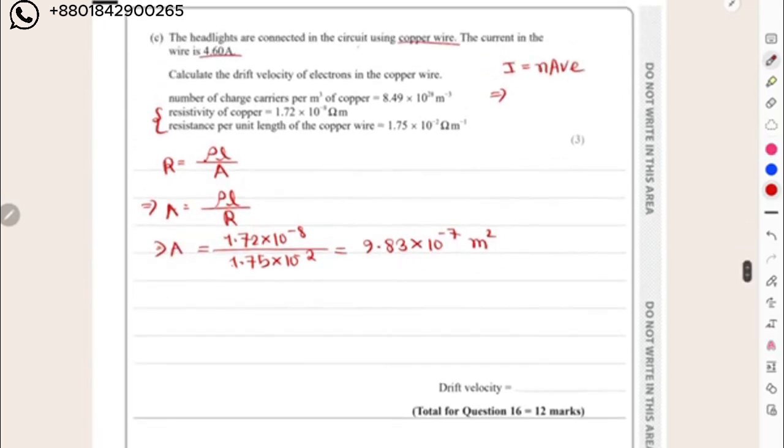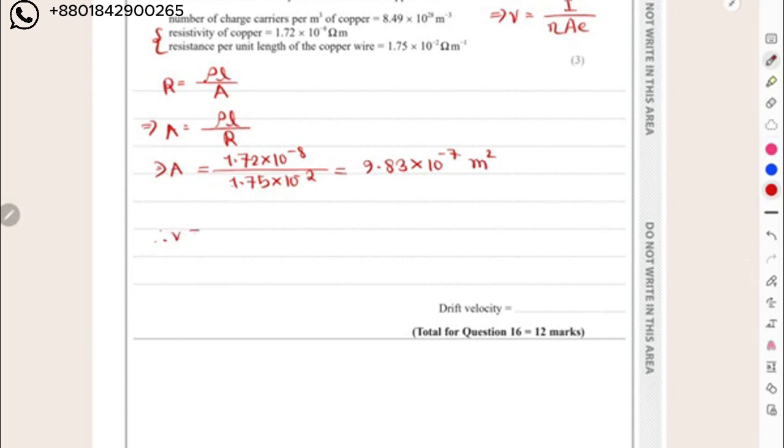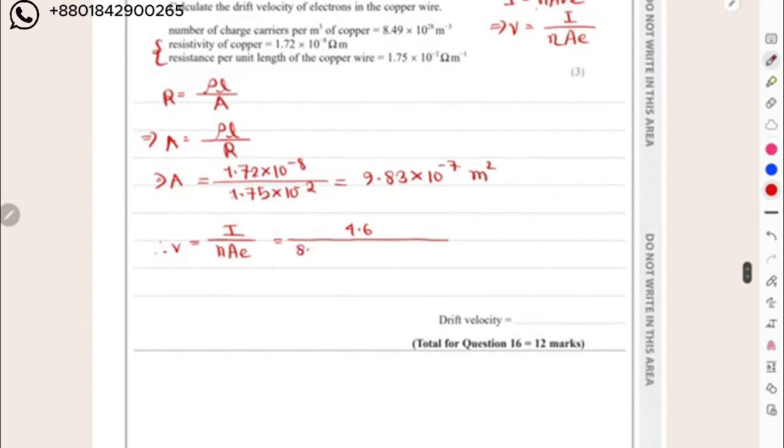So now you have the value for area and everything that you need, so you can calculate your drift velocity. If you rearrange the equation and make v the subject, v equals I over nAe, which is 4.6 over the number of charge carriers, 8.49 times 10 to the power of 28, multiplied with the area, 9.83 times 10 to the power of negative 7, and multiplied with the charge of electrons, 1.6 times 10 to the power of negative 19.